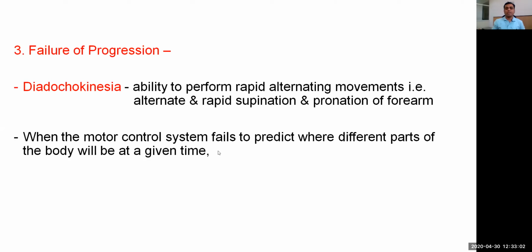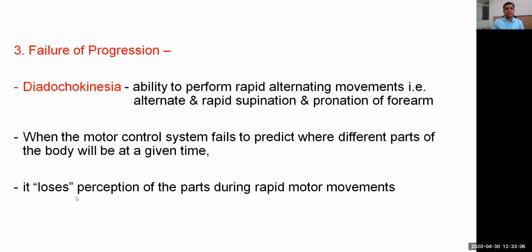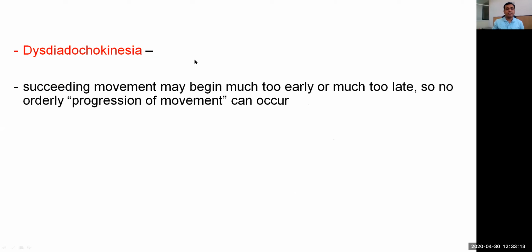When the motor control system fails to predict where different parts of the body will be at a given time, it loses perception of the parts during the rapid motor movement and leads to dysdiadochokinesia. That is, the succeeding movement may begin too early or too late, so no orderly progression of the movement can occur.